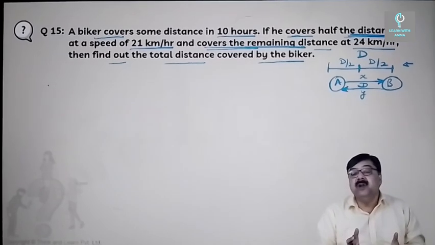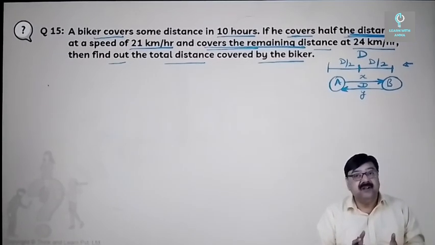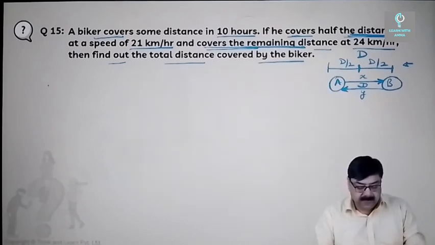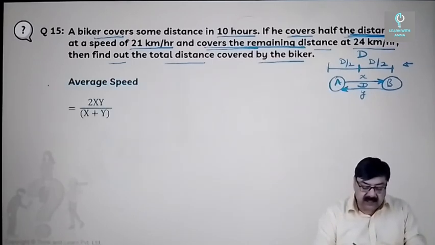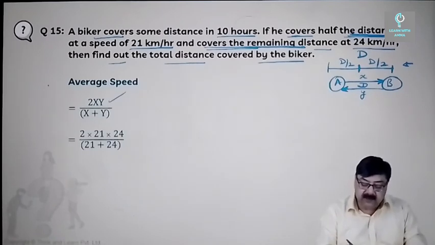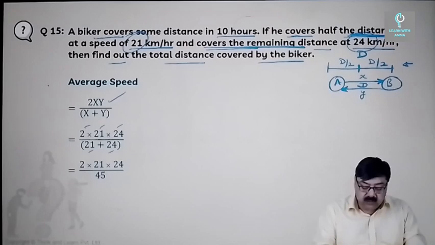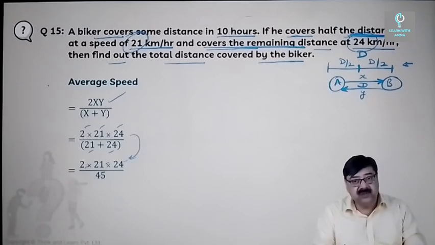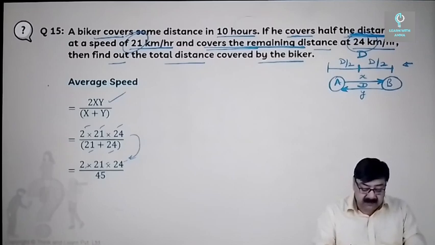So once again, we can employ the concept of average speed. So average speed, as we know, is 2xy by x plus y. And here the speeds are given to us as 21 and 24. So 2 into x into y by x plus y, which shall become 2 into 21 and 24 as it is, because cancellations will definitely happen.